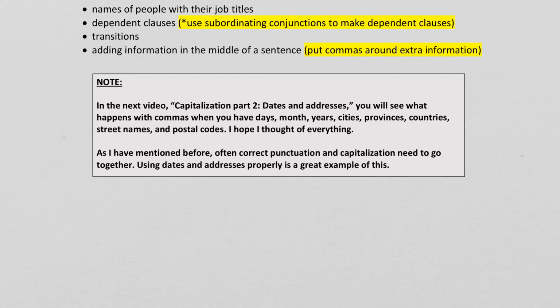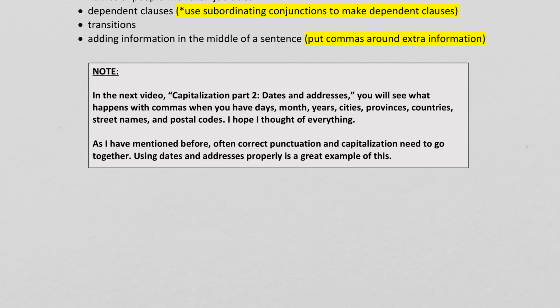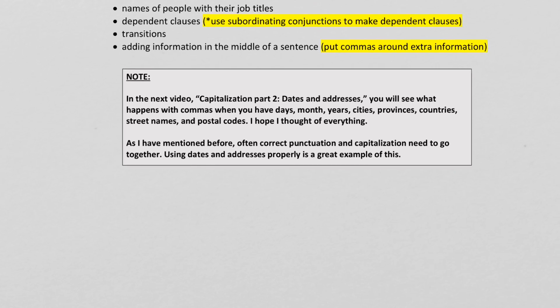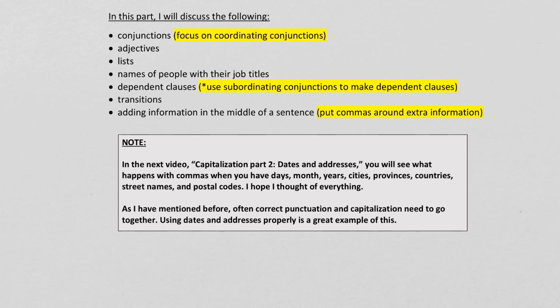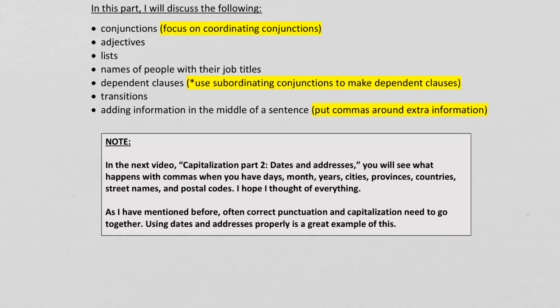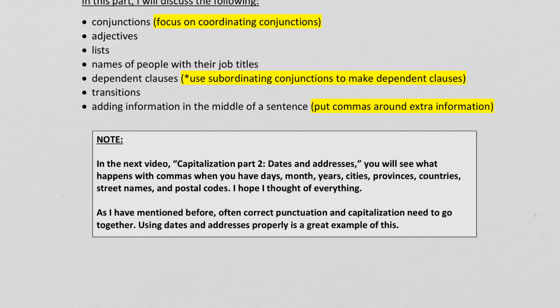And then another important point that I will talk about at the very end of the video is to put commas around extra information. I'll show you how to do that. I'm mentioning it because I think it's one of the things that happens when you write sentences, and it just kind of happens naturally.